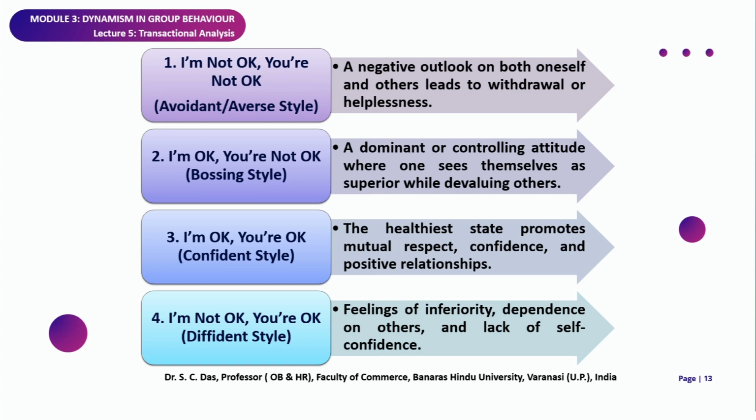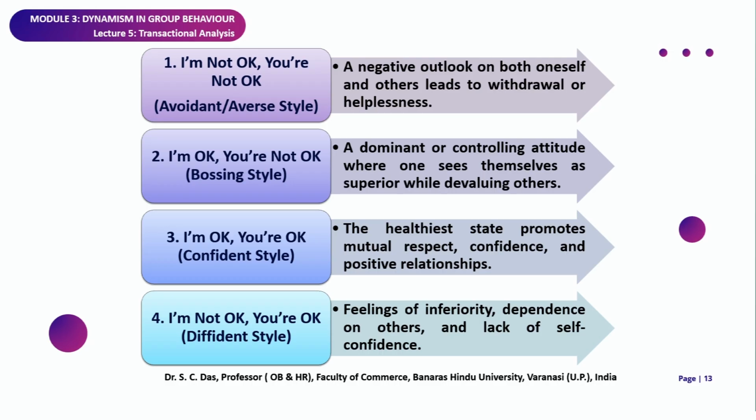I am okay, you are not okay, bossing style, as you have seen: dominant style, controlling attitude, one sees themselves as superior while devaluing others. I am okay, you are okay, healthiest style: mutual respect, confidence and positive relationship.